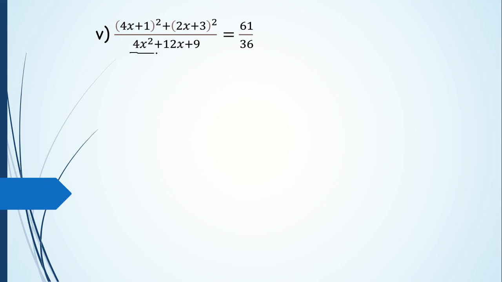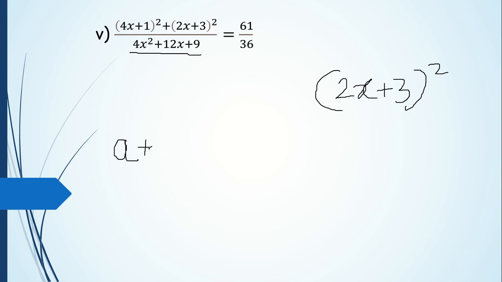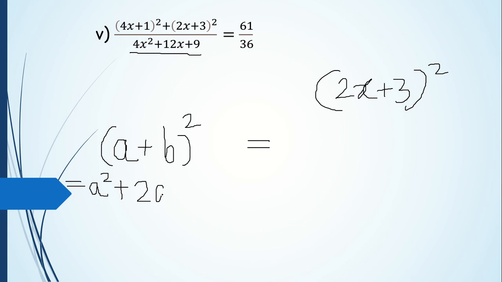Now this 4x square plus 12x plus 9 is the expansion of 2x plus 3 the whole bracket square. I hope you remember this identity, a plus b the whole bracket square. If you expand that using this formula, a plus b the whole bracket square is a square plus 2ab plus b square.